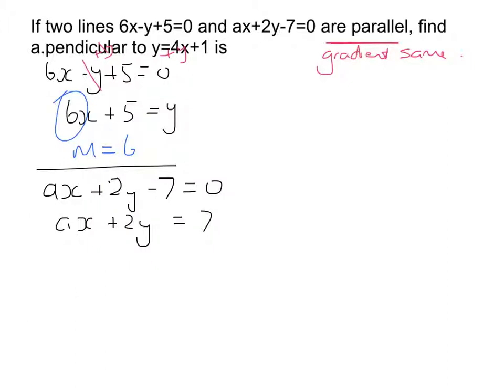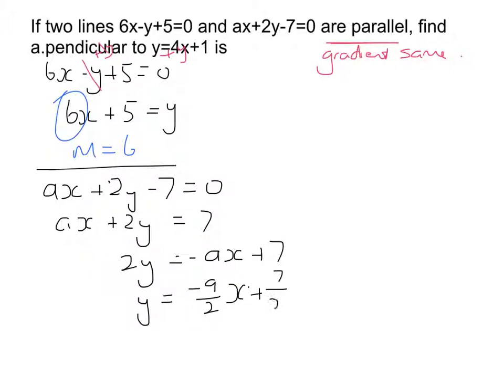Now I'll subtract ax from both sides. 2y is equal to negative ax plus 7. And then I want to divide everything by 2, which will give us y is equal to negative a over 2x plus 7 over 2. Now that should be an a and not an i.